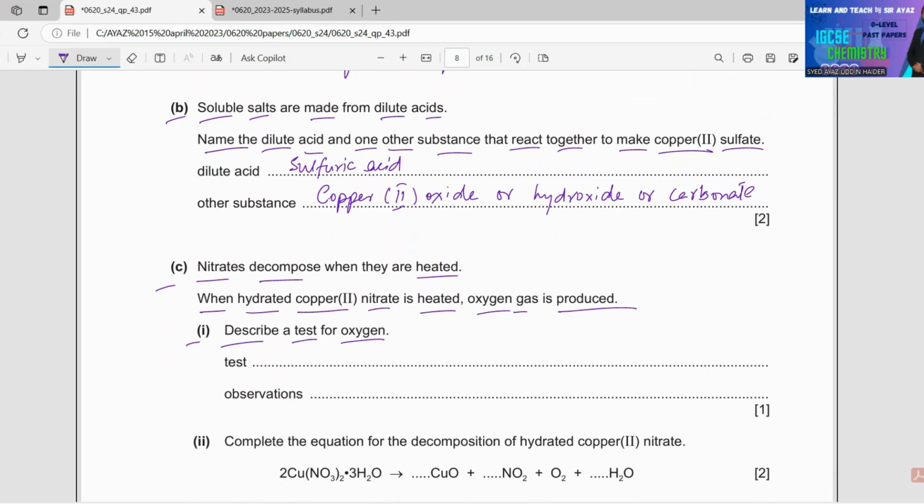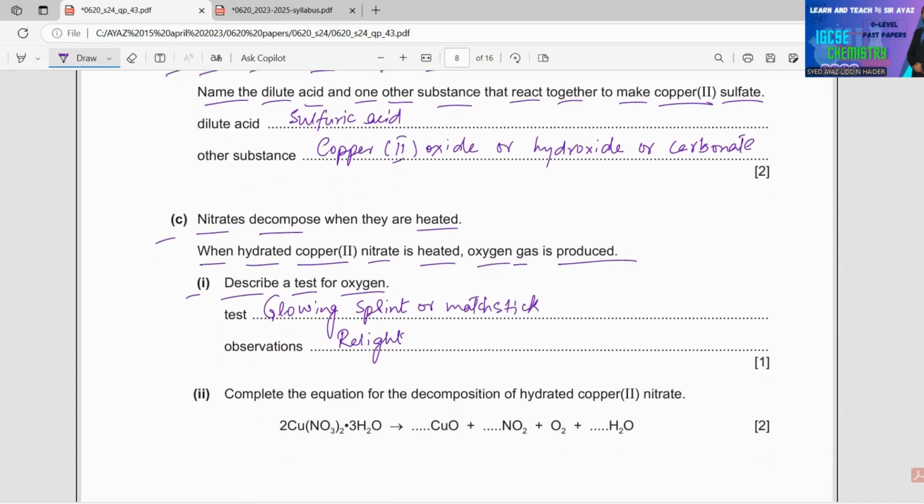The test must be a glowing splint or matchstick, and this will be relighted. So it relights, because oxygen is a gas that helps in burning.